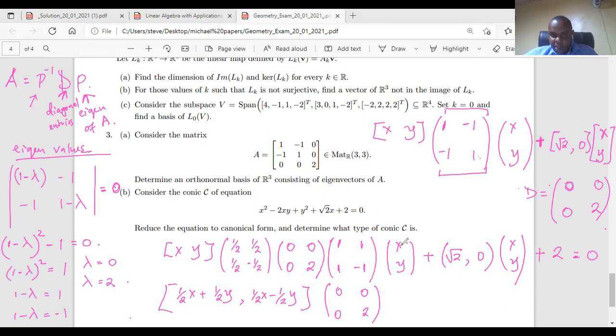Can we multiply this? x plus y. So it would be x plus y, and x minus y.